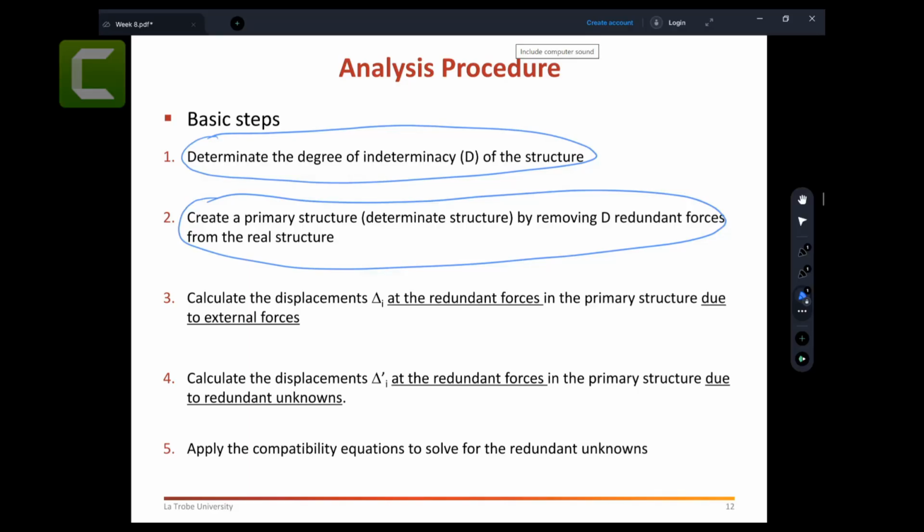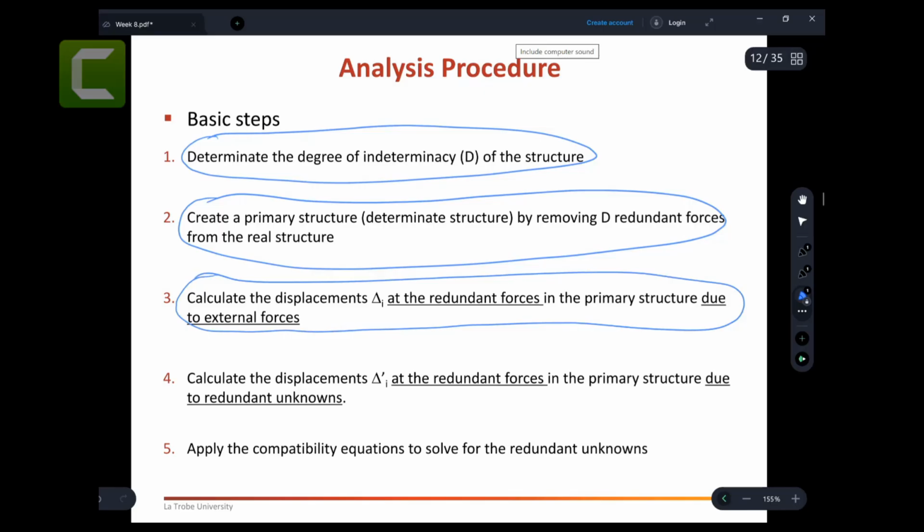Do you understand that? Primary structures mean you make a cantilever, or a pin support into a roller, or remove it completely. How many you remove depends on how many degrees of indeterminacy you have. And then you calculate the displacements.